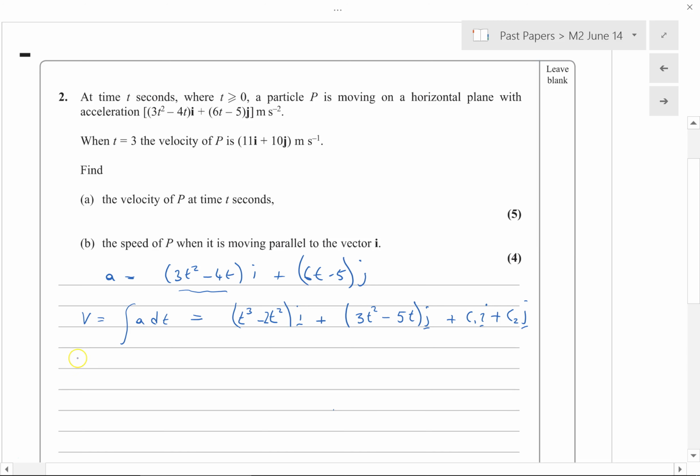Now we're told when t equals 3, v equals 11i plus 10j.